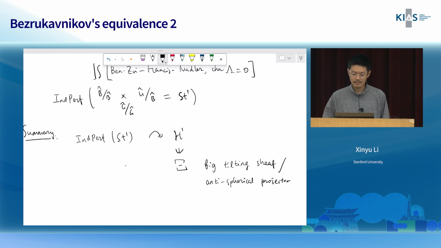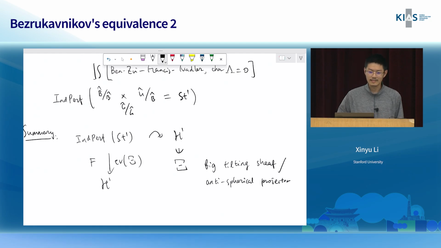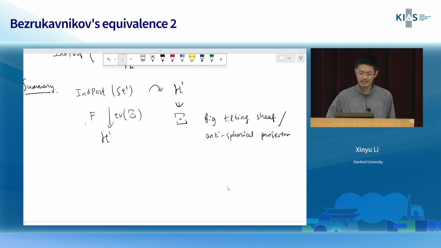And so by evaluating at this object, I get the desired functor, which is the F that I described in the plan. So now let me briefly recall the construction of this big tilting object.